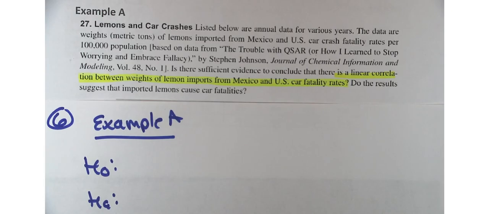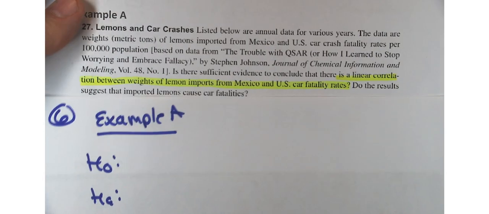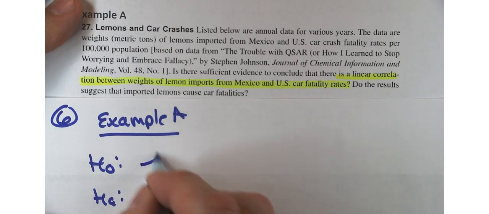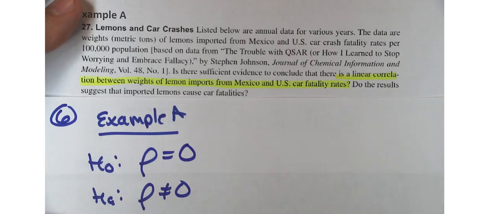Is there a correlation between the weights from imports from Mexico and U.S. car fatality rates? Okay. So if there is a correlation, that would mean rho is not equal to 0. If there's not a correlation, that means rho equals 0.